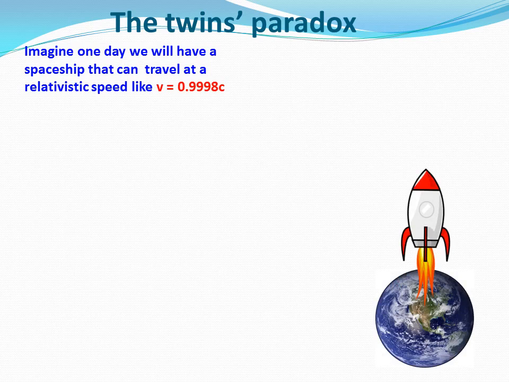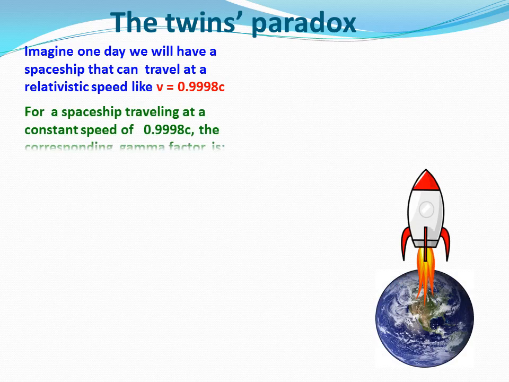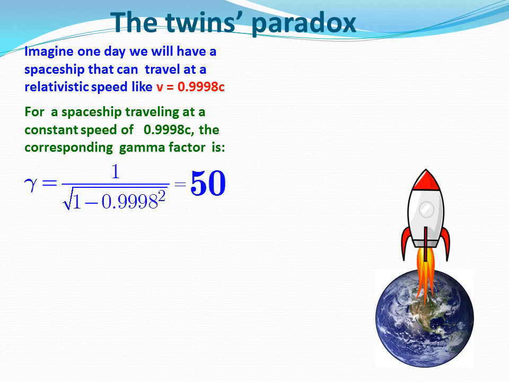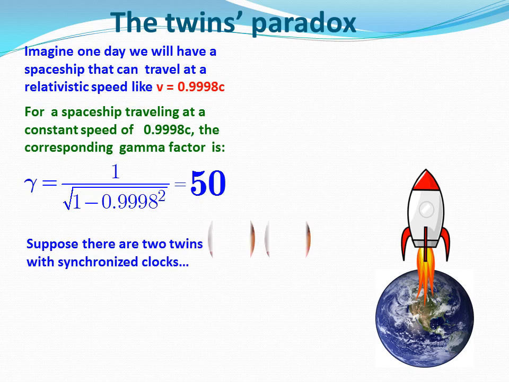Here it is, our spaceship. For a spaceship traveling at a constant speed of 0.9998 c, the corresponding gamma factor is 50. Suppose there are two twins with synchronized clocks.